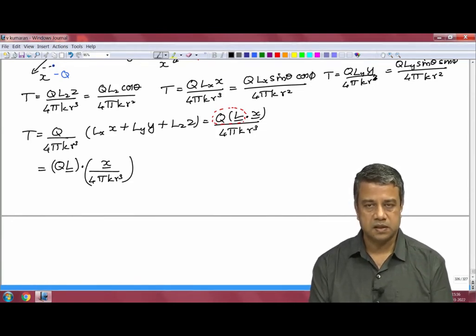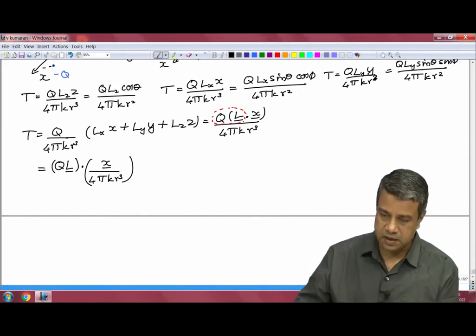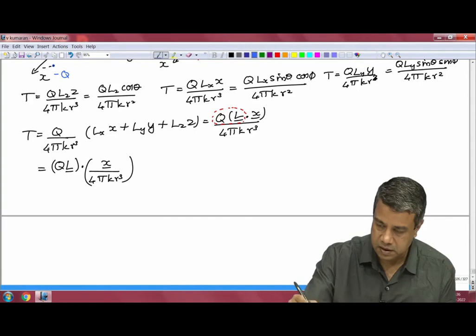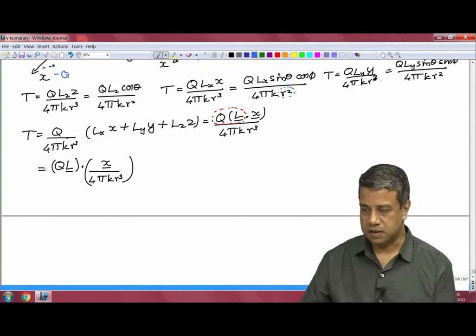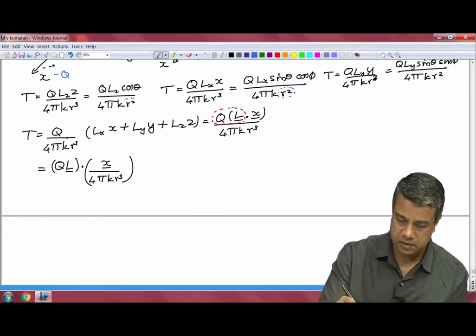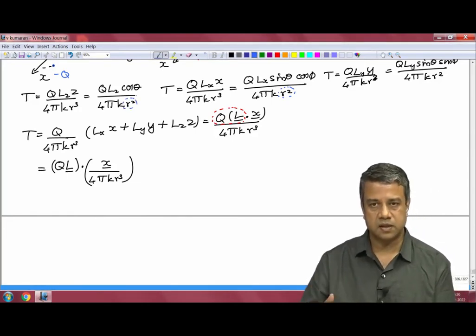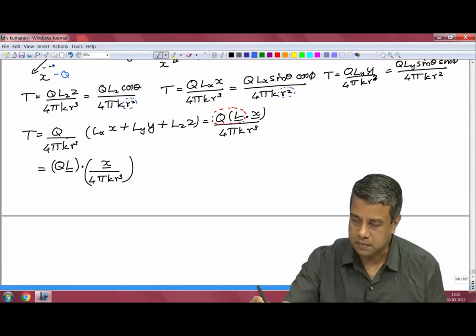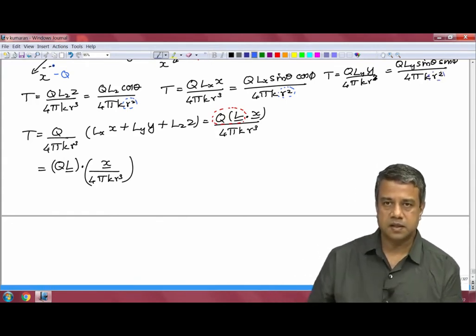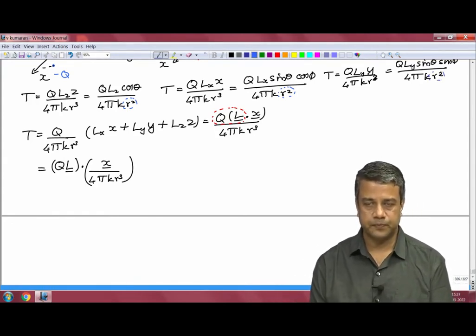In this case, the temperature decreases proportional to 1 over r square, as you can see over here, for these dipole terms. When I express the numerator also in terms of r and the denominator in terms of r, ultimately the temperature decreases as 1 over r square.